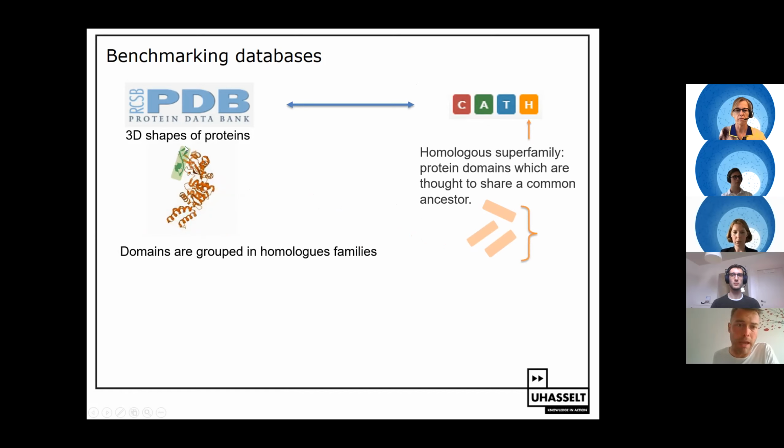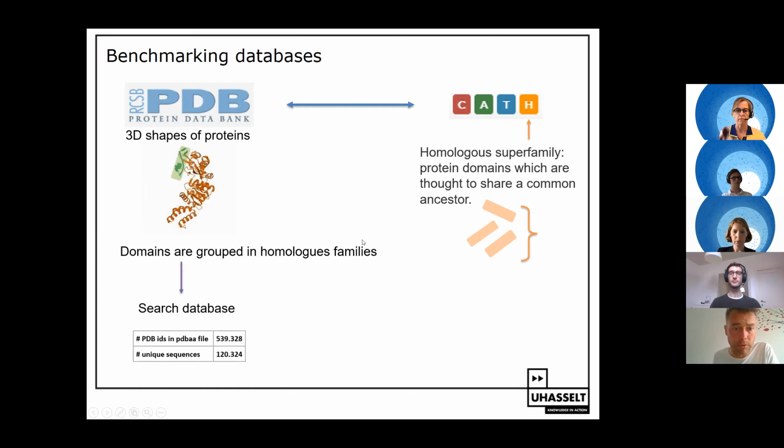So all these domains I just mentioned, the protein is cut up into specific domains, and these domains are then clustered into homologous superfamilies because they are thought to share common ancestors. That's exactly the homology I was talking about earlier. So we have here our ground truth label.